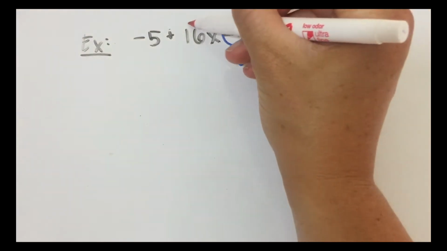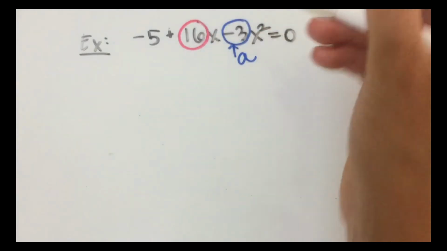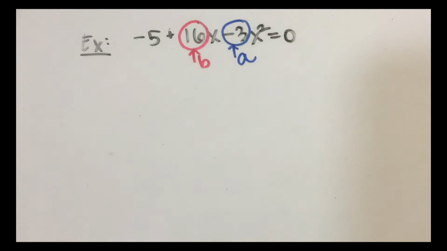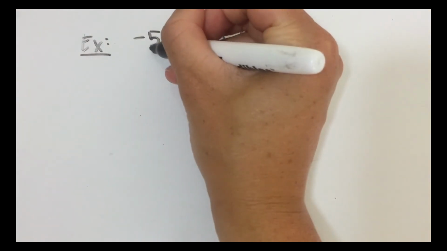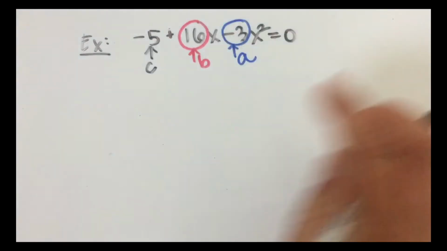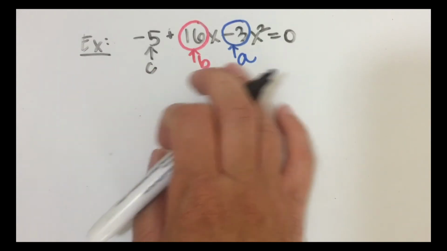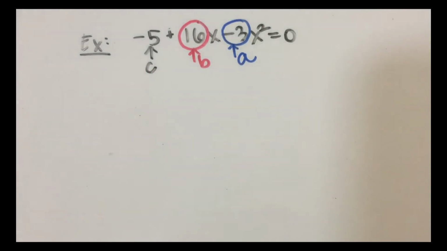The value multiplied by your x term will be your b. And finally, your c will be just your constant number, or just the whole number on its own, not being multiplied by an x term.